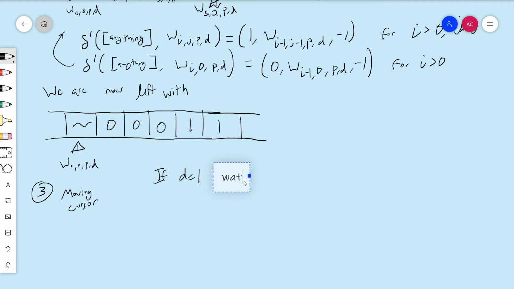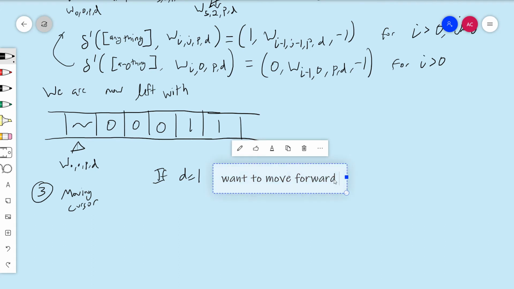Then we want to move forward. How many cells? Let's think. In the case of this guy here, I would want to move 1, 2, 3, 4, 5. So that's the number of cells equal to a simulated cell size. But then I want to move forward one more time because that would put me in the beginning of the next cell. So I don't want to just move S cells. I actually want to move S plus 1 cells.